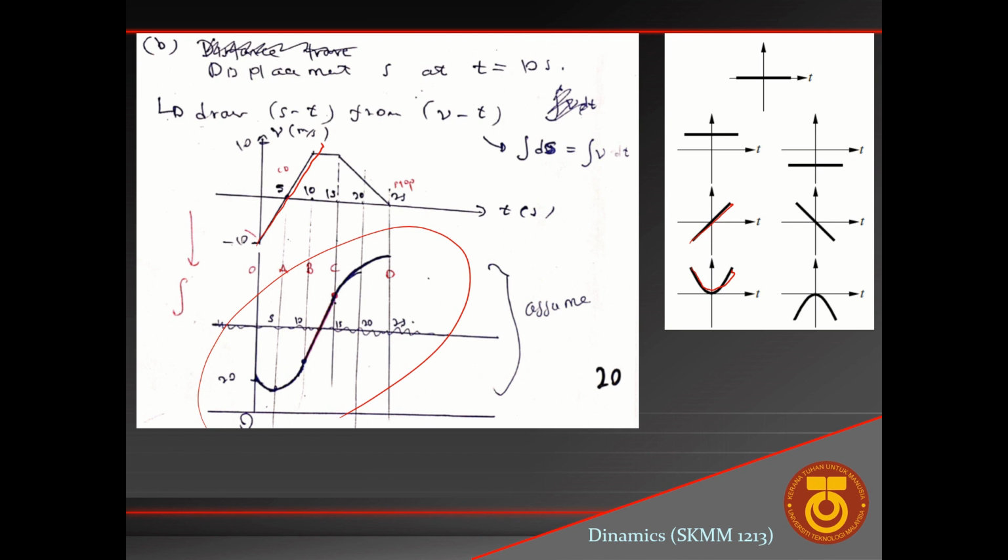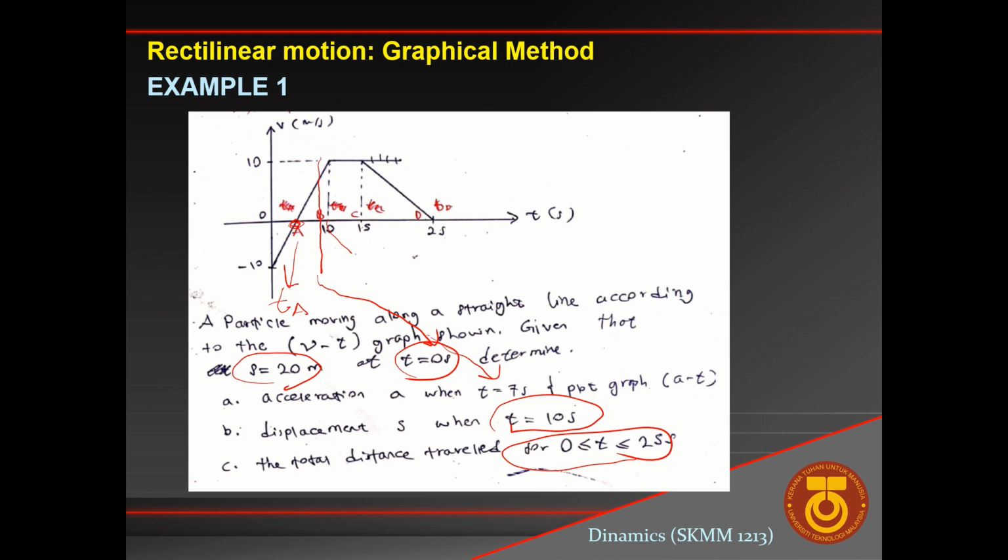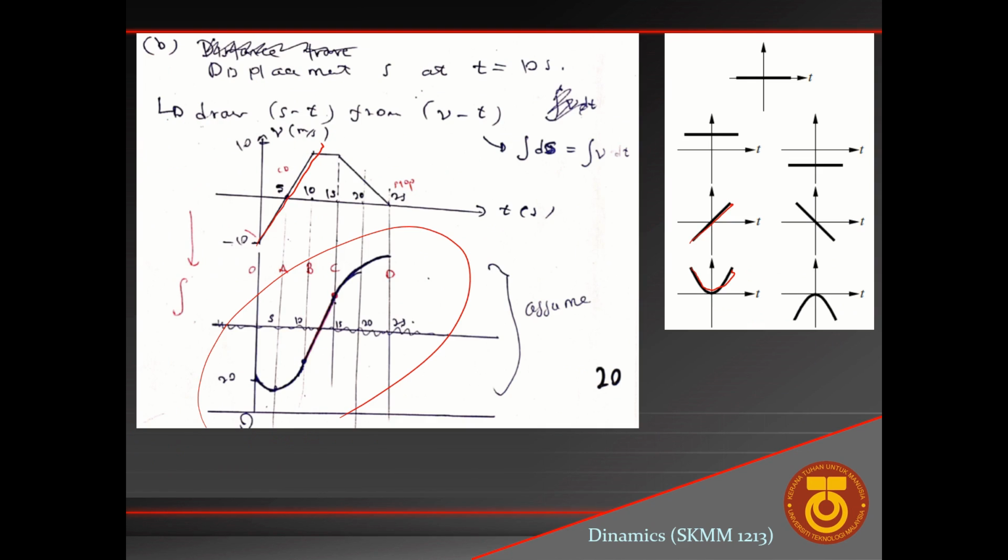So where to start, at 0 or where? For this particular question, it is already said that at t equal to 0, s is already 20 meters. So here I need to draw starting exactly from 20 at the beginning, going down and upward.